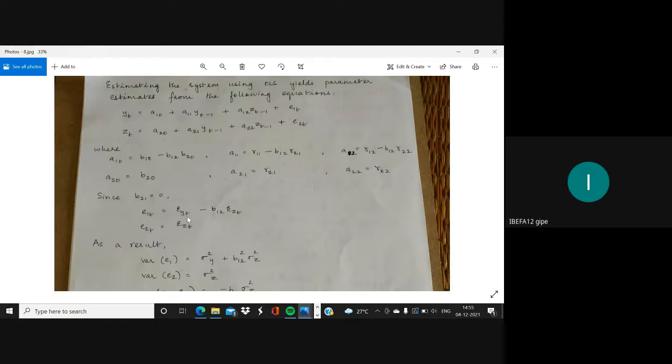Now, for yt plus 1, how is it affecting? The impact of the shock will be carried forward through this lag term of yt. So it will still affect yt plus 1, yt plus 2, and so on through these autoregressive terms.